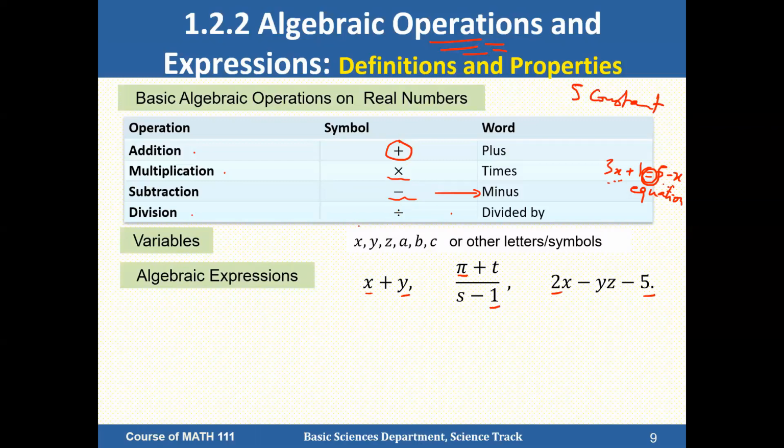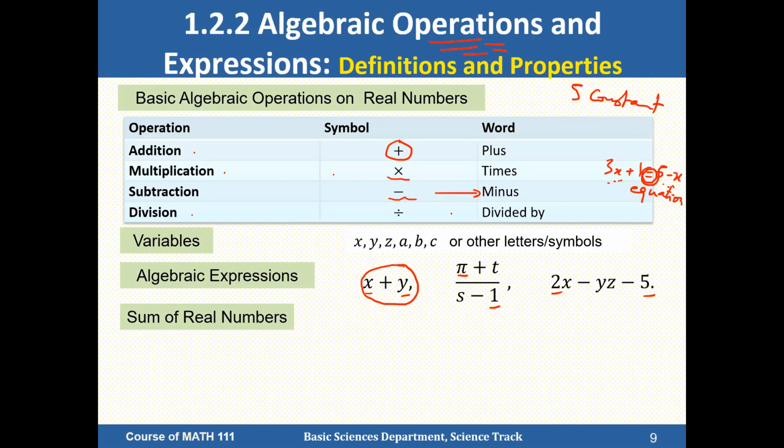If we combine variables, numbers, and operations, we get an algebraic expression. x plus y is an algebraic expression. Pi plus t over s minus 1 is an algebraic expression. 2x minus yz minus 5 is an algebraic expression.